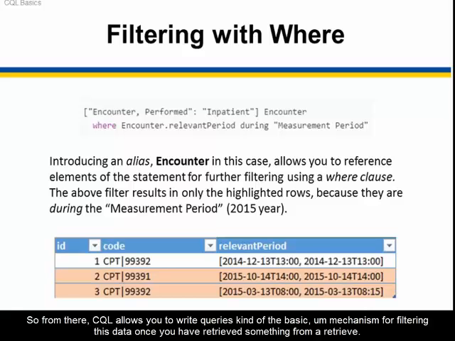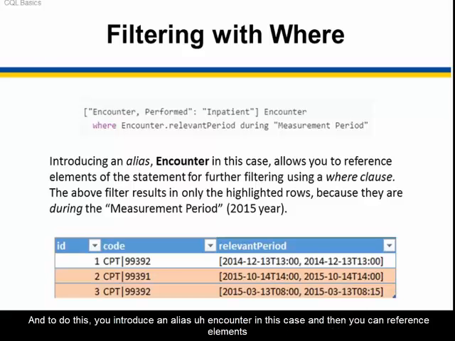So from there, CQL allows you to write queries, kind of the basic mechanism for filtering this data once you have retrieved something from a retrieve. And to do this, you introduce an alias, encounter in this case, and then you can reference elements of the records that came back in the query using that name, that alias that you've introduced.